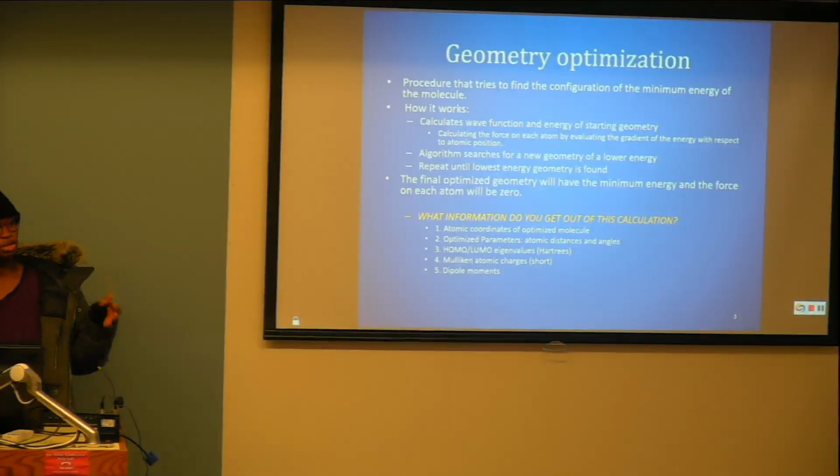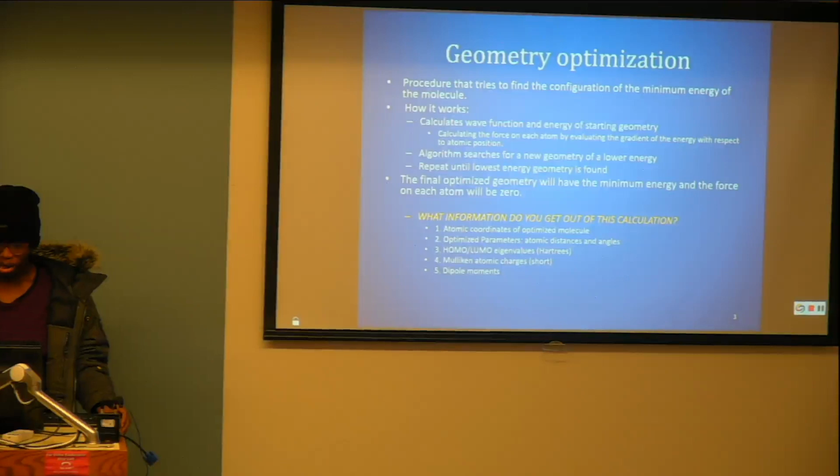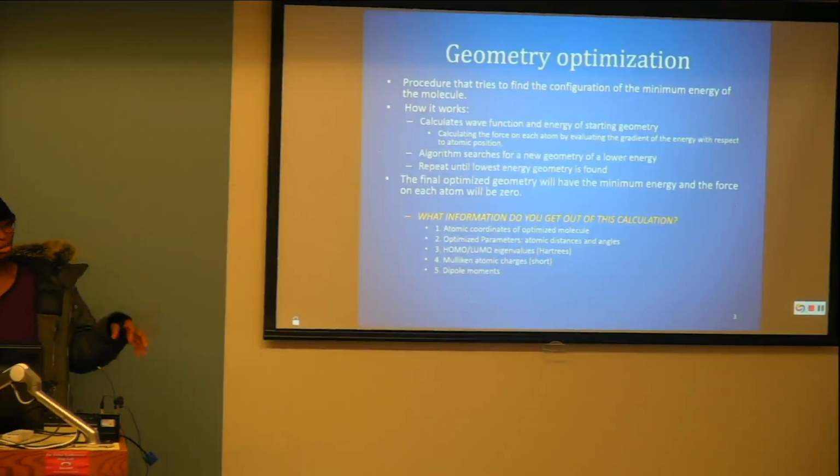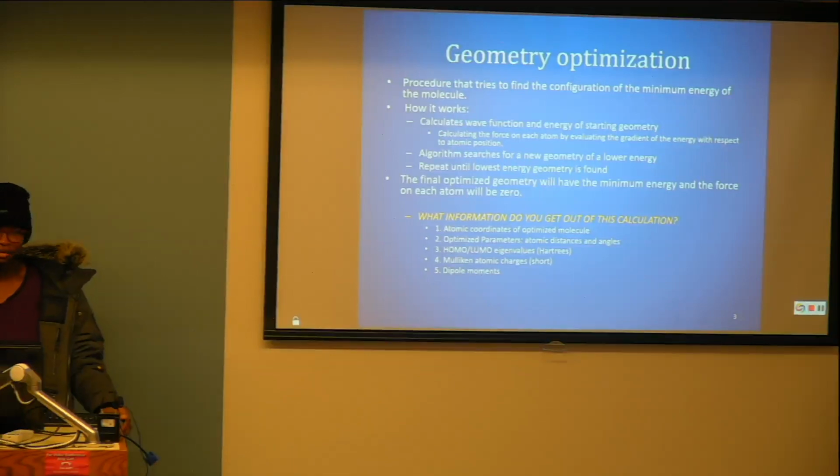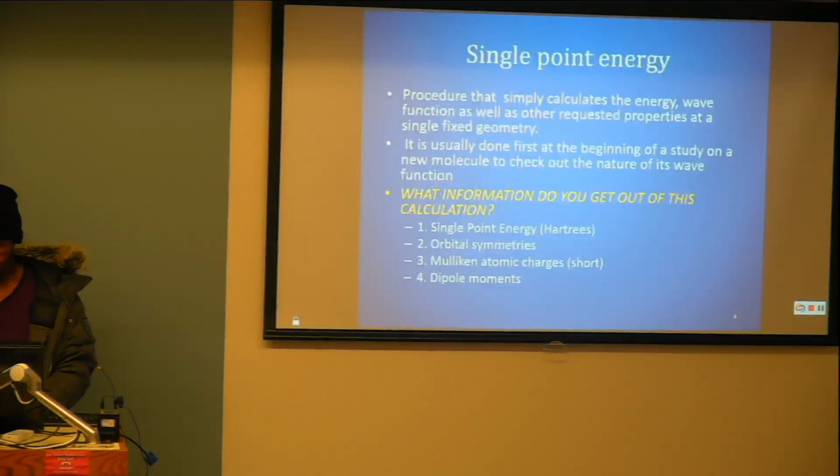It searches for the new geometry of the lower energy and repeats this process until you get the lowest possible energy it can find. There is a lot of information that you can obtain, and I'm not going to go through all the information you can obtain from each calculation at the presentation if you're interested in that.